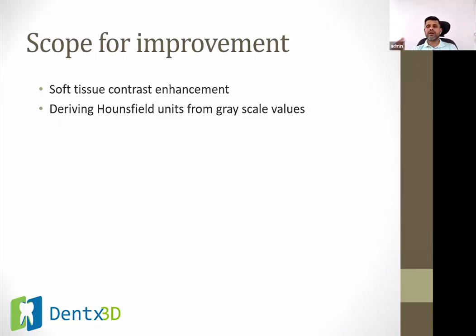So that is where we need to improve the CBCT scan. And second is deriving Hounsfield units. But to derive the Hounsfield units, you need more exposure, more X-rays, and more data. That will convert the CBCT scan into a CT scan. So I don't see these things happening in the future.